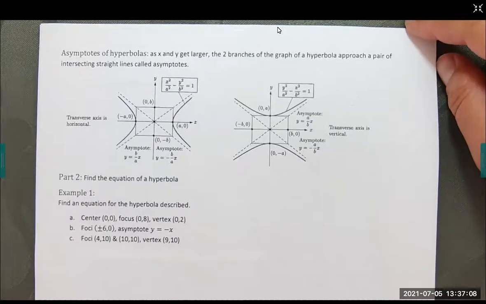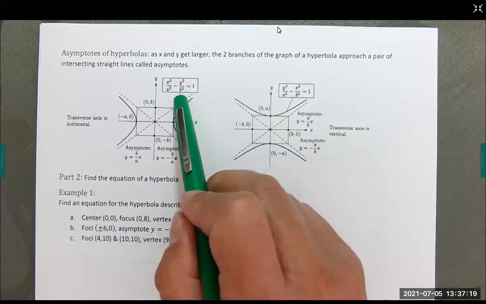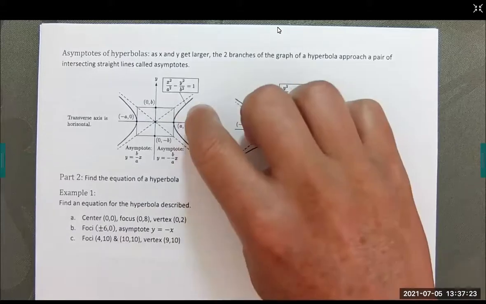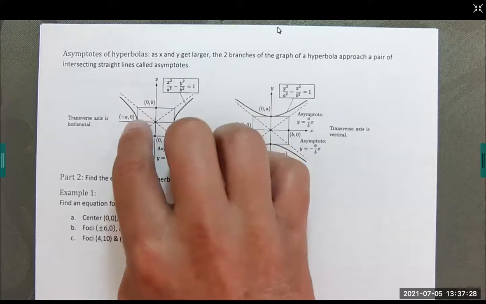Now, in addition to having foci, these also have what are called asymptotes. You can see that's the dotted line here and the dotted line here. Meaning this graph is going to get closer and closer to that invisible line, but never actually hitting it.